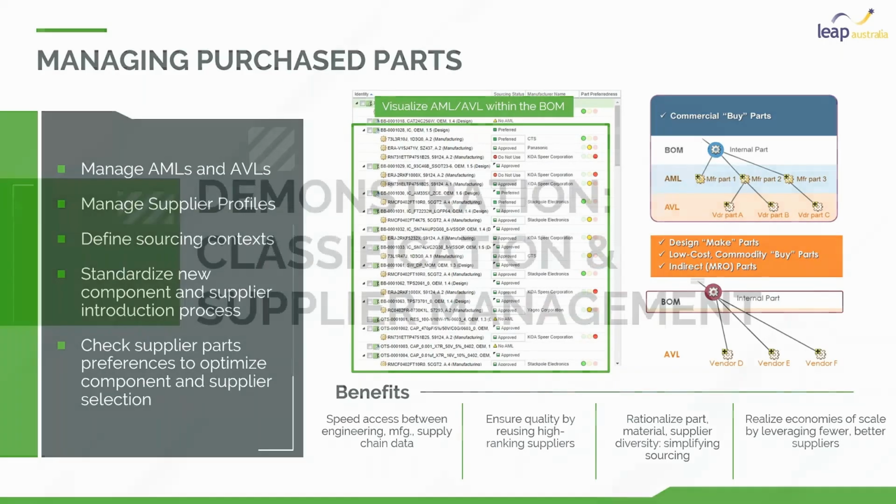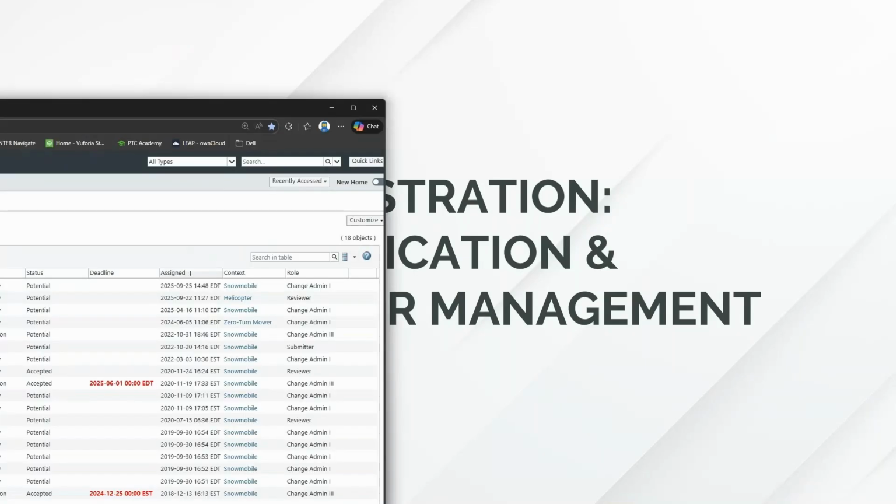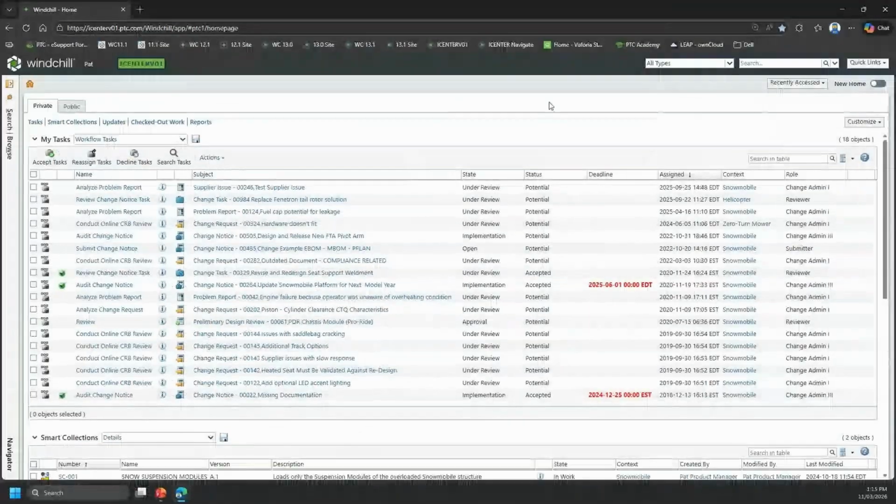So let's have a bit of a look at this. Just let me get logged into my Windchill here, and I'll bring that over onto the screen so you can all see that. So here's my Windchill environment, with our snowmobile that we've been looking at through these webinars.